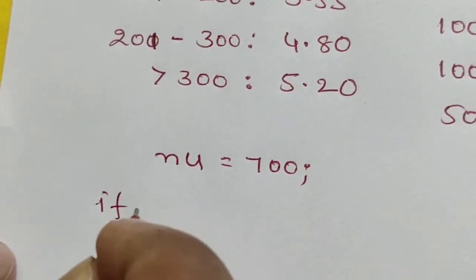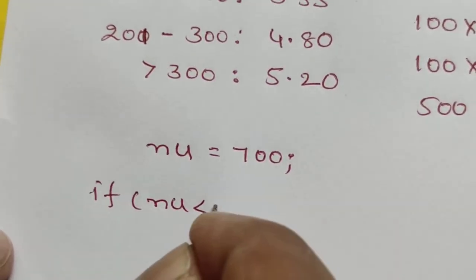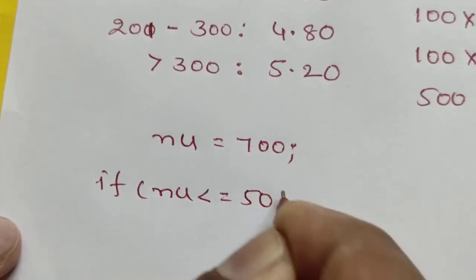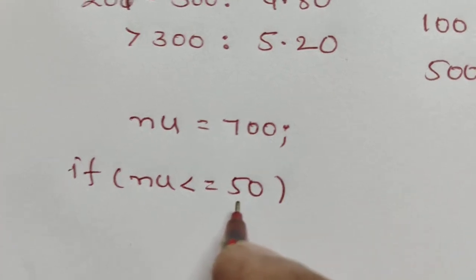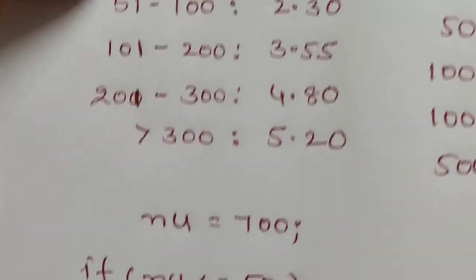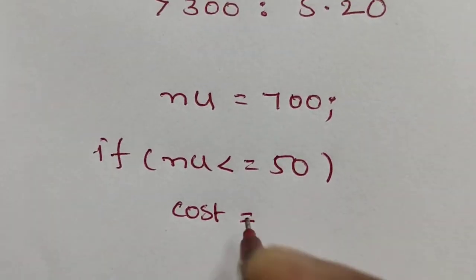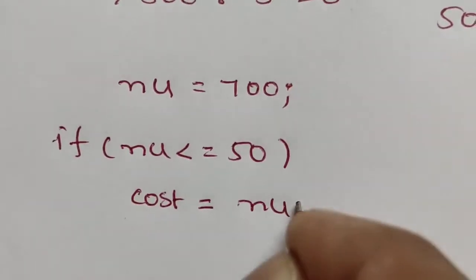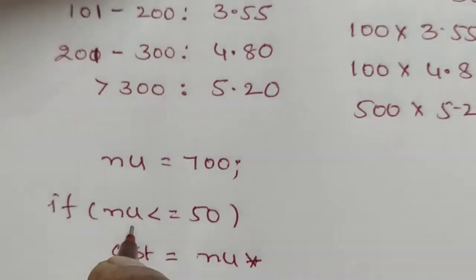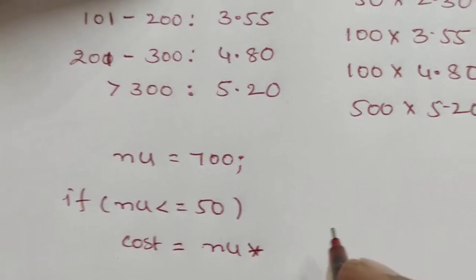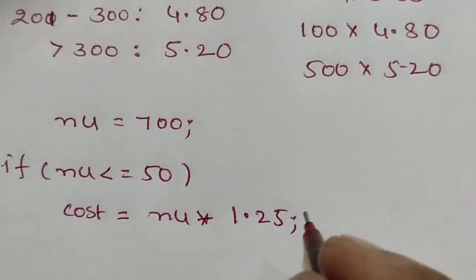If the number of units is less than or equal to 50, that is the consumption of the consumer per month, then the cost of the bill is equal to the number of units into 1 rupee 25 paise for each and every unit.